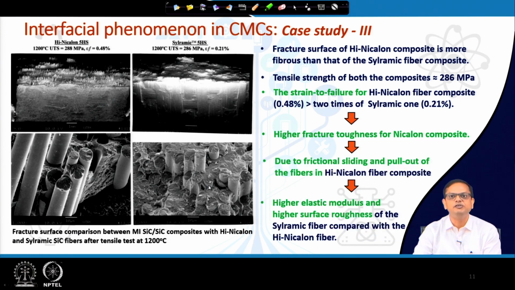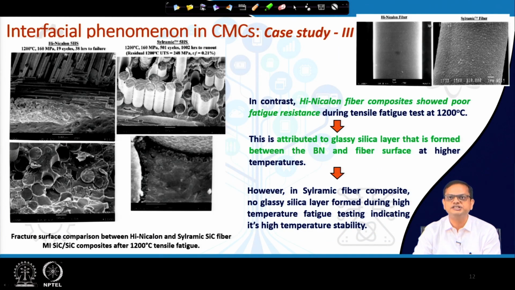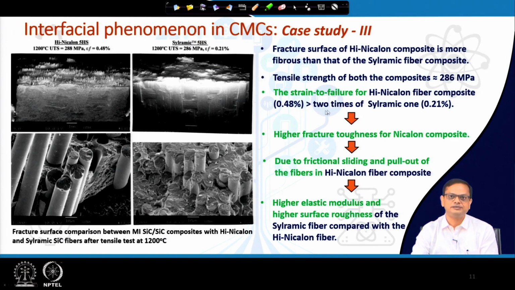Not only that, if you look at the surface of these two fibers, this is for Nickelon and this is for ceramic, you can see the ceramic fiber has a certain amount of roughness, and this roughness improves the interfacial bonding. Because of that the amount of pull out is less, and that is why you saw that the strain to failure is less in the case of ceramic fiber, and that leads to lower fracture toughness.